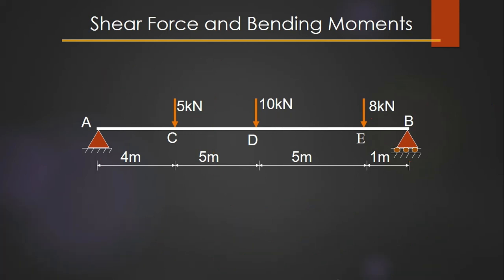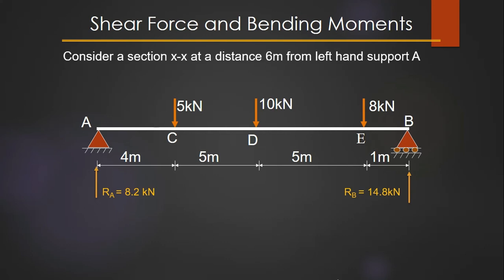Okay, so let me show you the calculation over here. Now let us consider a section XX at a distance of 6 meter from the left hand support A. So now calculate the shear force at section XX. As I told you earlier from the definition, the shear force at XX is obtained by adding all the forces on the left hand side or on the right hand side.